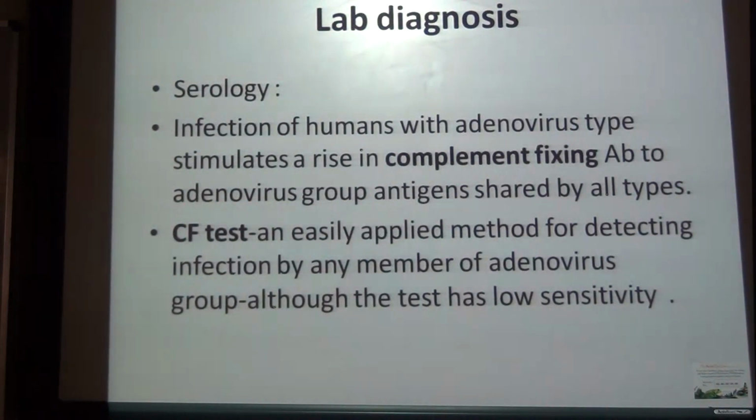Now this means that it detects the group antibodies, not the specific serotypes. Complement fixation test is an easily applied method for detecting infection by any member of adenovirus group, although the test has low sensitivity because it does not detect serotypes, but it does give a clue to the infection.